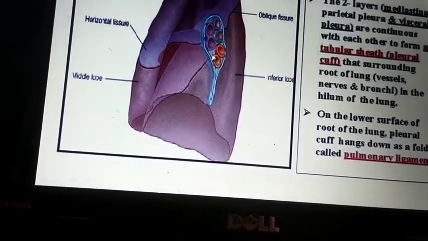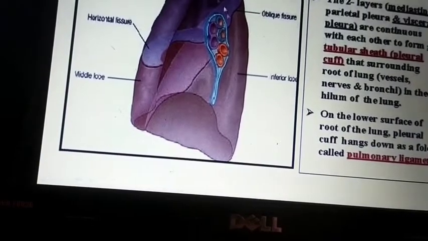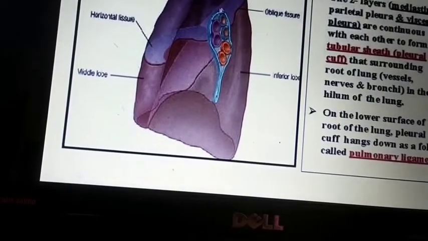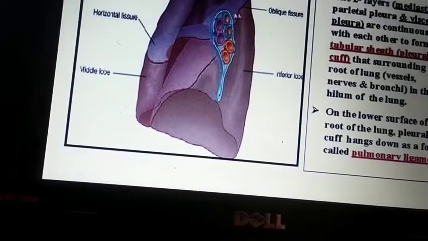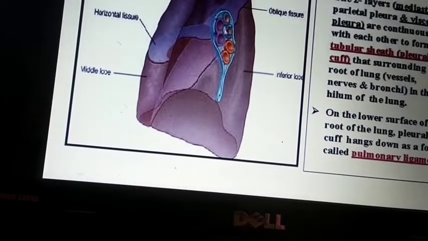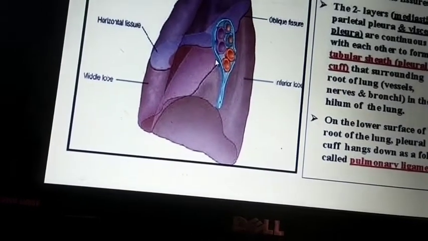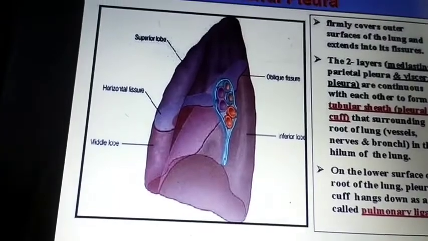This is the pleural cuff, the tubular sheath around the hilum of the lung. Both the mediastinal and parietal pleura are continuous with each other to form a tubular sheath surrounding the root of the lung, and to form the pleural cuff.